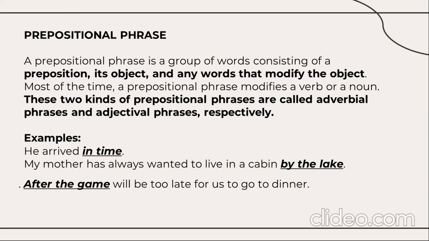Example: he arrived in time. So which is the prepositional phrase here? In time. There's the preposition in. My mother has always wanted to live in a cabin by the lake. So, by the lake. After the game will be too late for us to go to dinner. So after the game is the prepositional phrase.